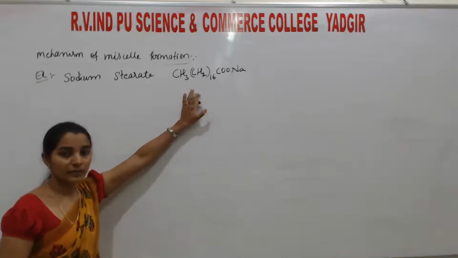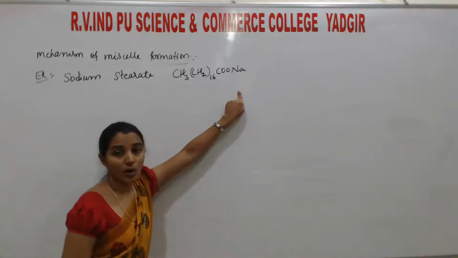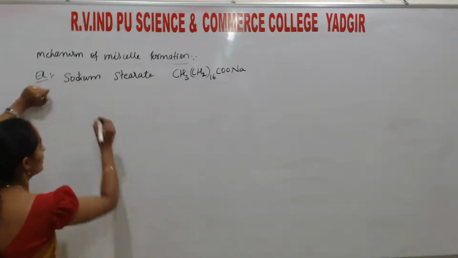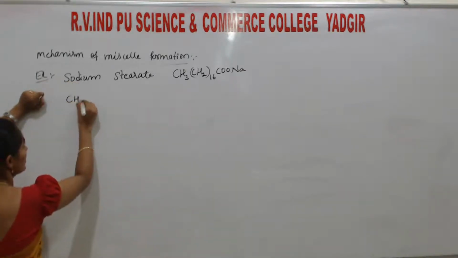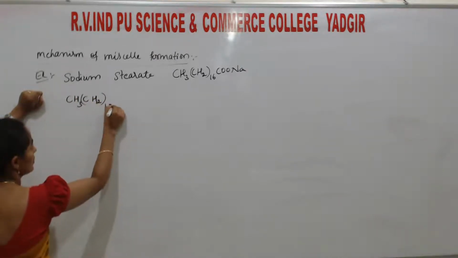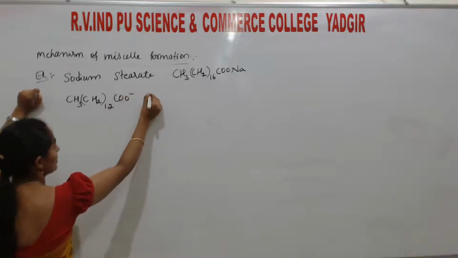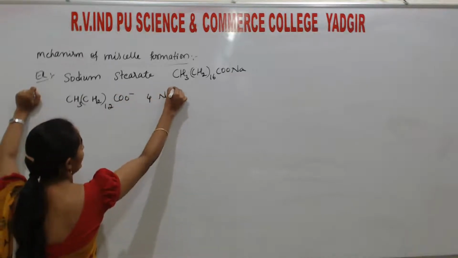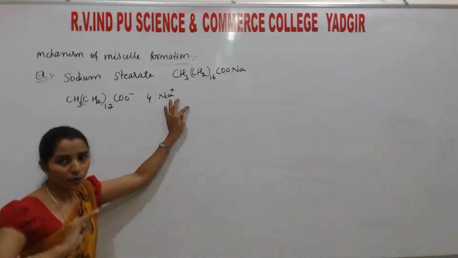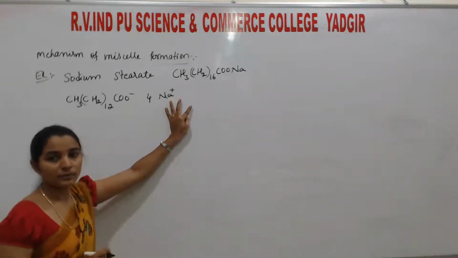So students listen, when it is dissolved in water, they form ions. Which type of ions? Listen, CH3 (CH2)16 COO minus, and also Na plus. We don't bother about this Na plus ion. It won't act in the cleaning action.